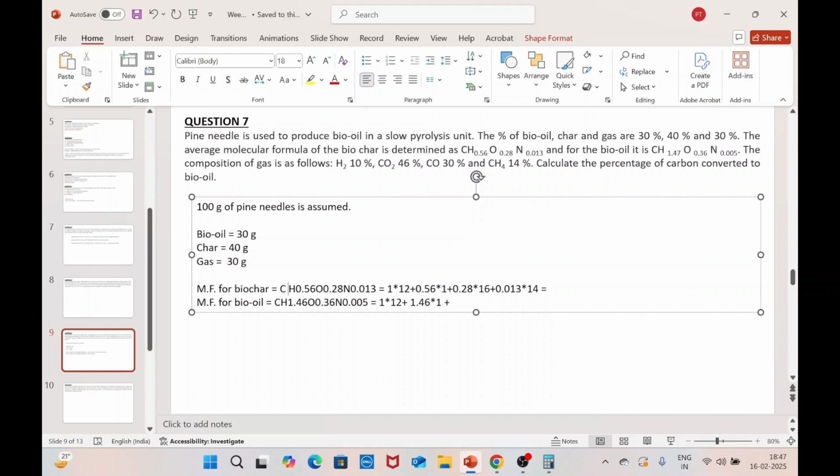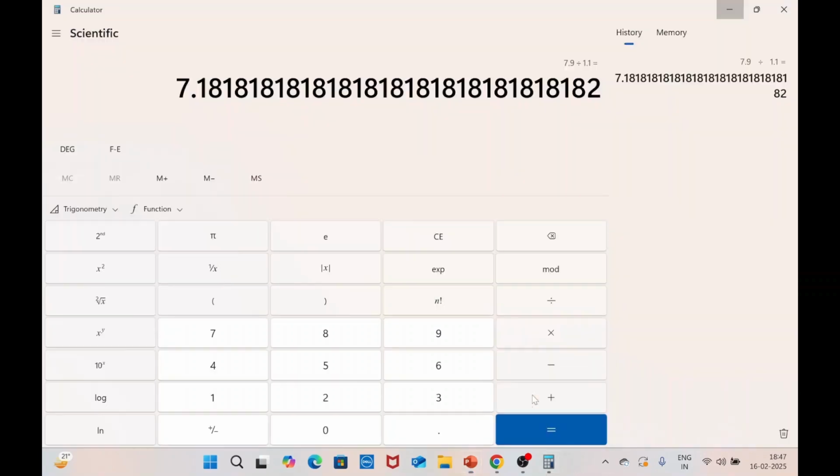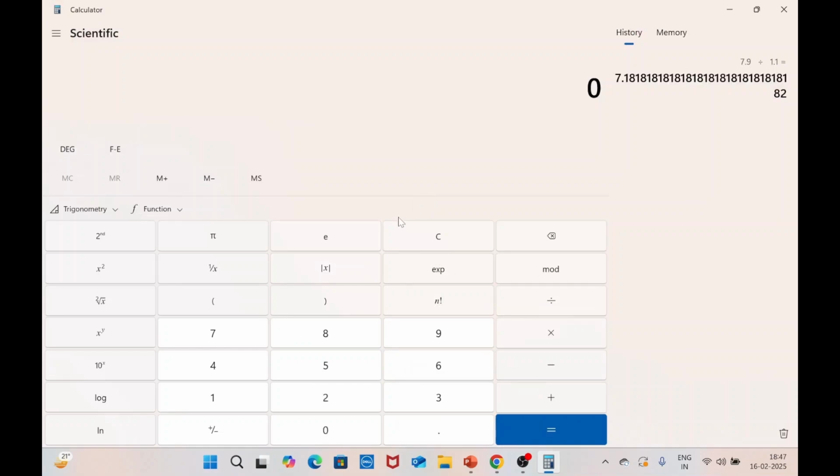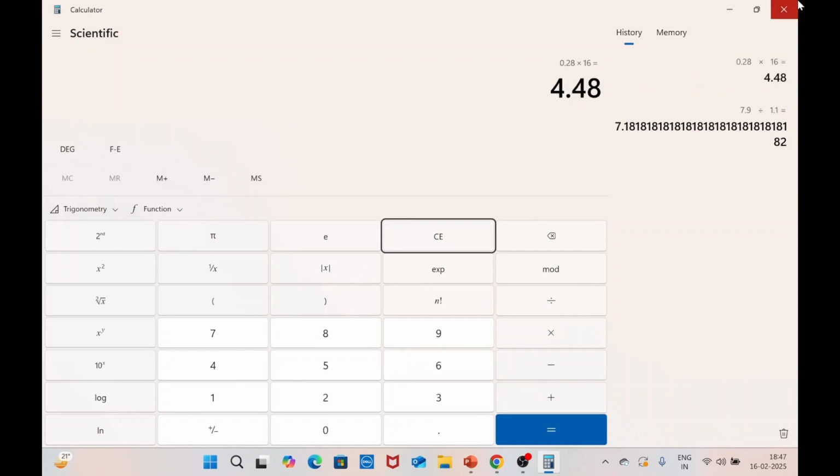Let me just separate this. Let's calculate. 0.28 times 16 is 4.48.